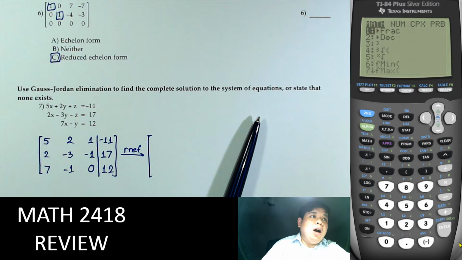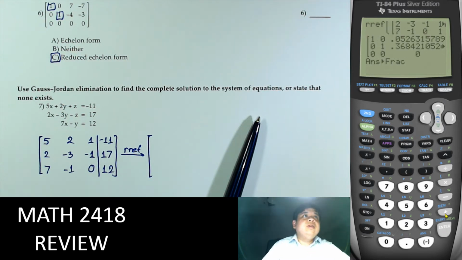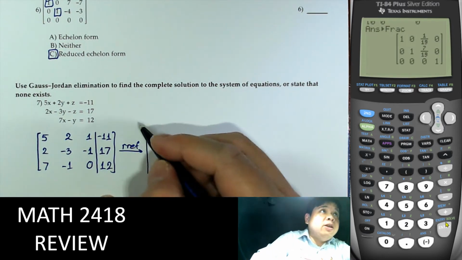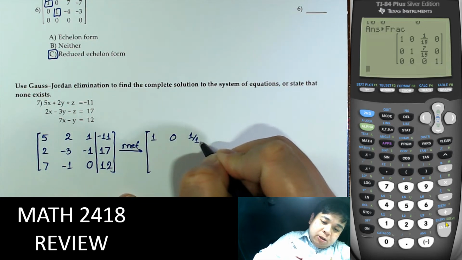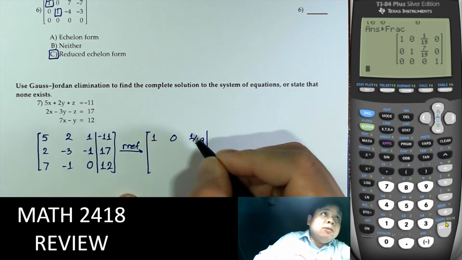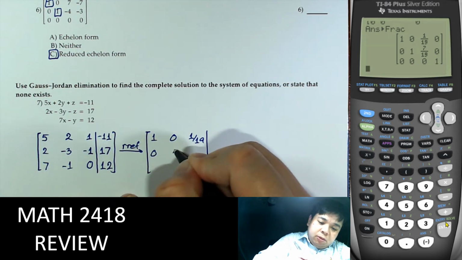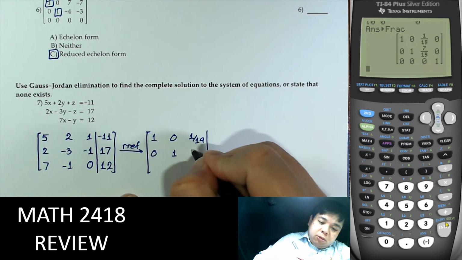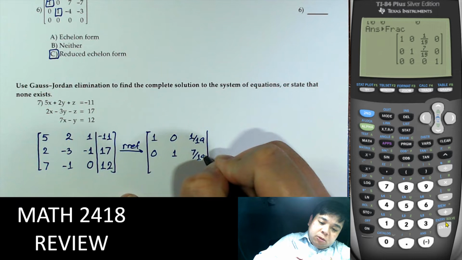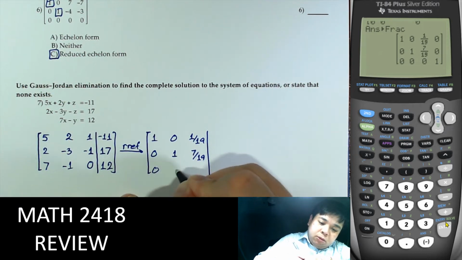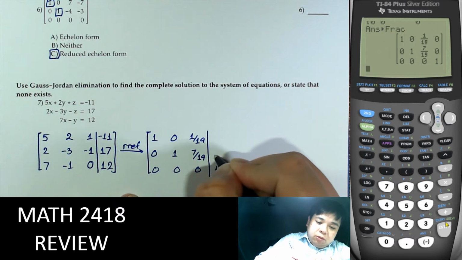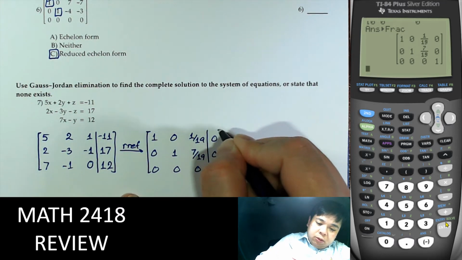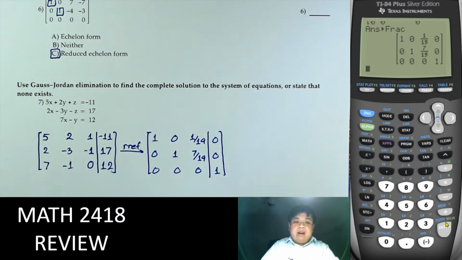We can change to fraction. Right, so this is what we have. This is of course in the reduced row echelon form.